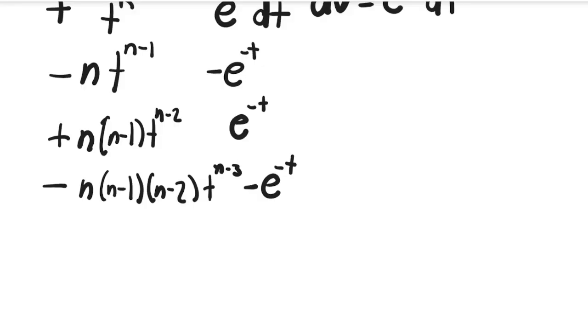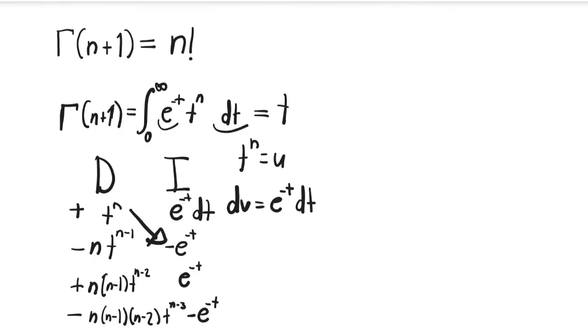We're going to do this crossed t to the n times, I forgot this minus sign, so this minus e to minus t times t to the n.